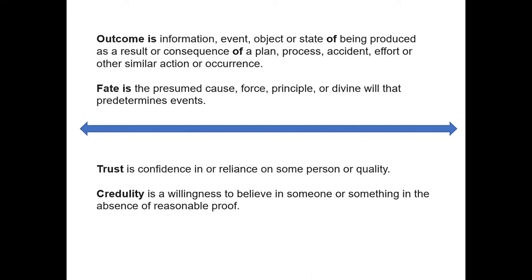In the case of fate, we believe that it is a cause, the force or the principle or divine intervention or divine will that predetermines events. So outcome is more like a result or consequence that we plan or we accidentally receive, but fate is mostly caused, according to our beliefs, by divine intervention.